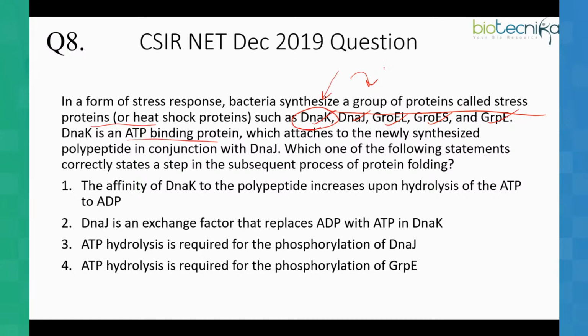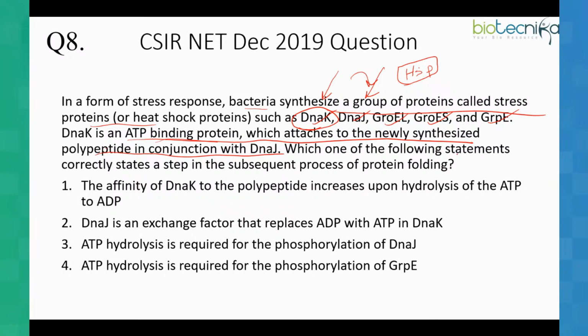I hope you already know that they have their eukaryotic analogs also. These are in bacteria, but in eukaryotes, these proteins which help in folding are HSPs. Okay, you have HSP 70, HSP 60, like that. So DnaK is an ATP binding protein which attaches to the newly synthesized polypeptide in conjunction with DnaJ.